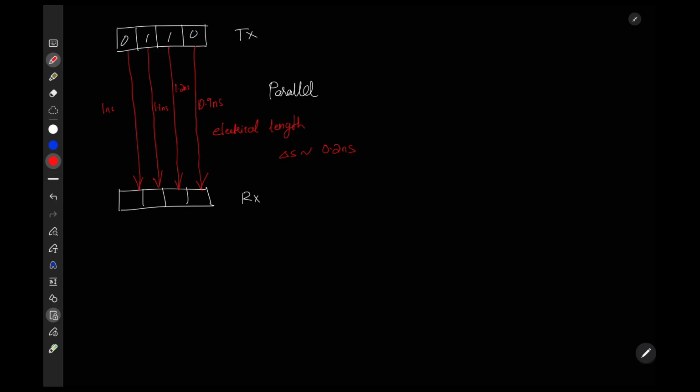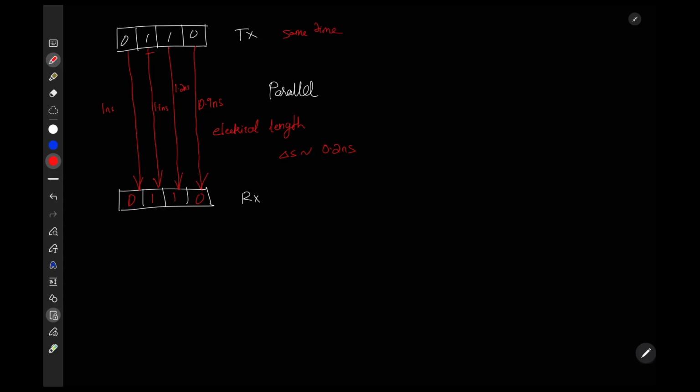So what ultimately happens is all your bits reach at a slightly different time. This bit reaches first, then this bit reaches second, this third, and this reaches last. Because your delay is different, each bit reaches at a different time, even if you're sending at the same time.